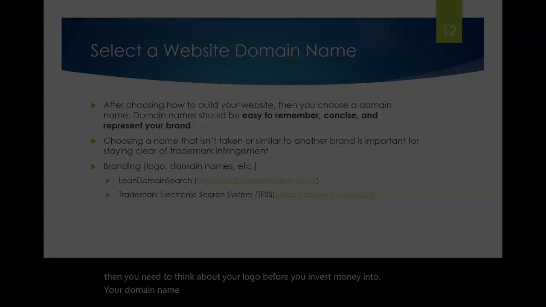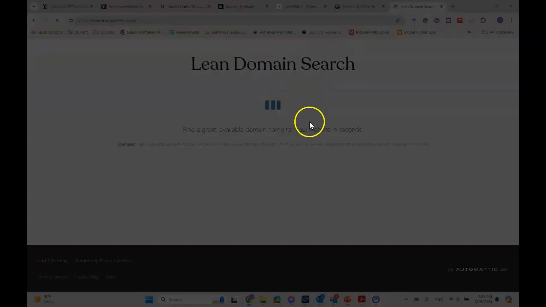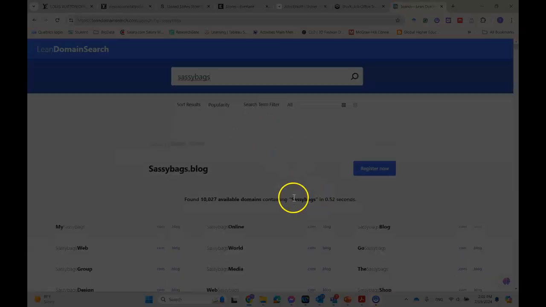And so Lean Domain Search is one website where you can just type in the domain name options. For example, I would be Sassy Bags, and then you may be able to see what websites are available. For example, My Sassy Bags.